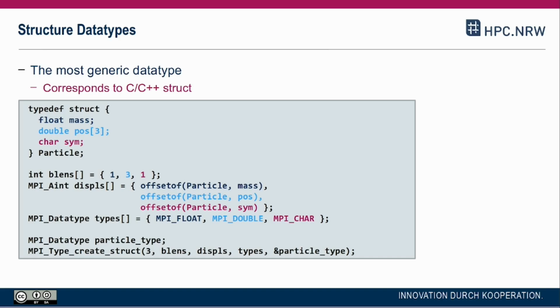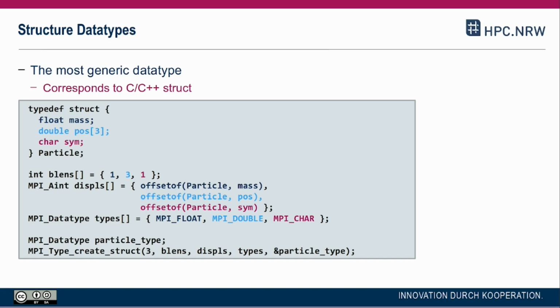That's why it's also important that you compile your application on the target platform. That also means that if you mix things like ARM and Intel, this might be a completely different type map. And the last one is an MPI float for the float, an MPI double for the double, and an MPI char for the character.